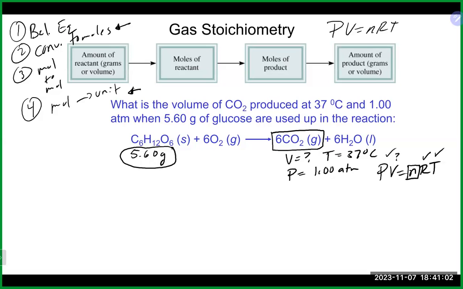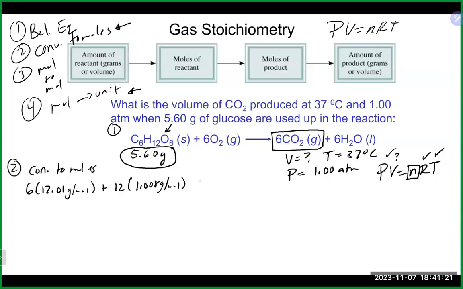We have the balanced equation given to us. We need to then convert to moles. So we do need the molar mass of glucose. That's going to be 6 times 12.01 for our carbons, plus 12 times 1.008 for our hydrogens, and 6 times 16 for our oxygens in this case.